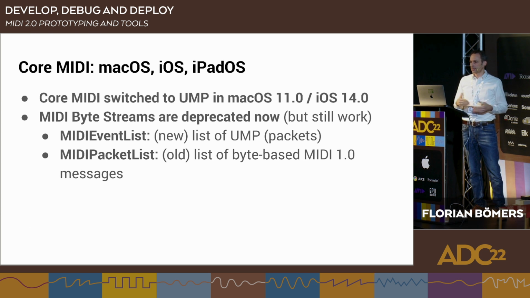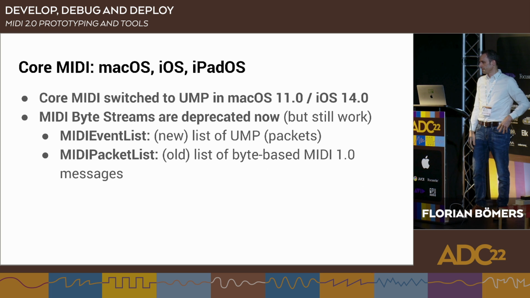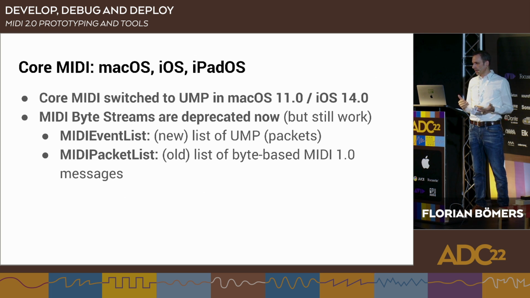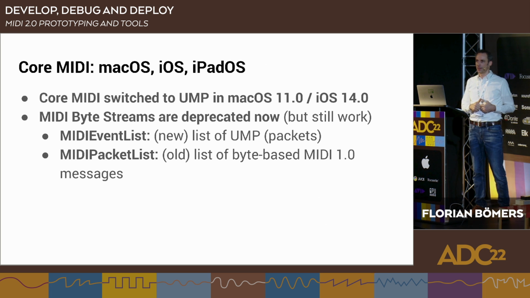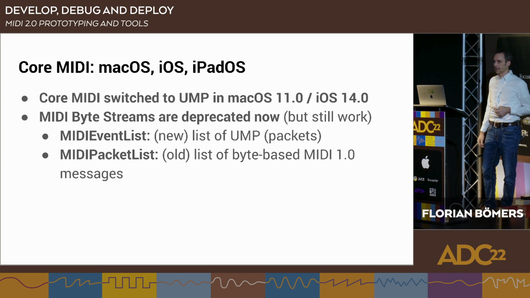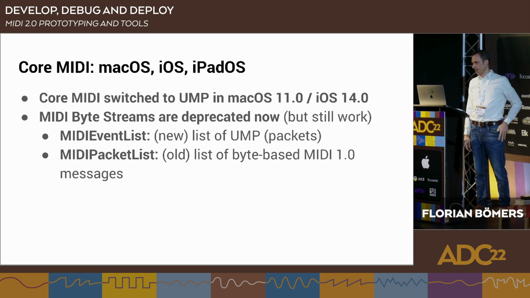So on macOS and iOS, iPadOS, it is actually quite nice because they have put a lot of effort into switching the entire Core MIDI to UMP. So you can still use the old API for MIDI byte streams using MIDI packet list, but you're encouraged to use MIDI event list, which is based on UMP, and it works on all current versions of macOS, iOS, and iPadOS.